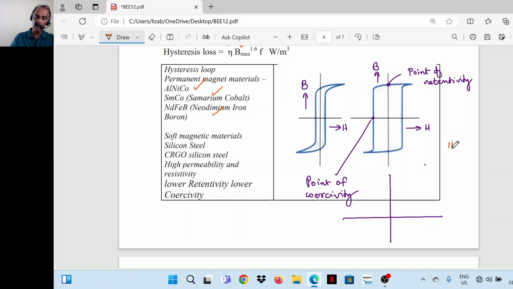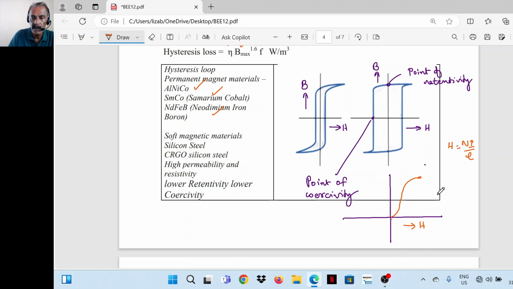Magnetizing force H is equal to Ni by L. When the magnetizing force is increased from zero, if the material is initially not magnetized, the flux density increases like this and reaches a constant, which is called saturation.